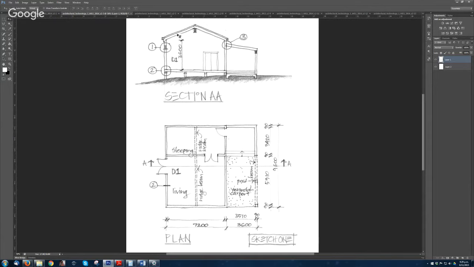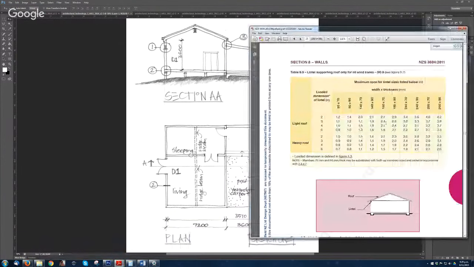So half of that weight is being held by the ridge beam, and half of it is being held by the wall. And that lintel is making a big hole in the wall so that you've got a door. So that lintel has to be able to distribute the weight of that rafter. And that's what, in this case, the loaded dimension is. So 2 is the nearest higher number than 1.8.